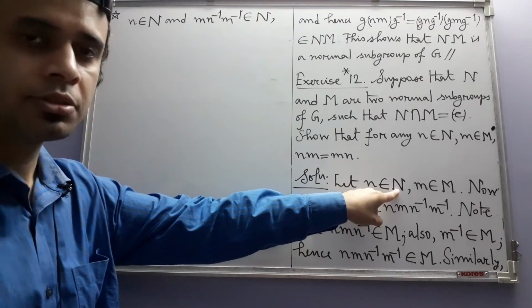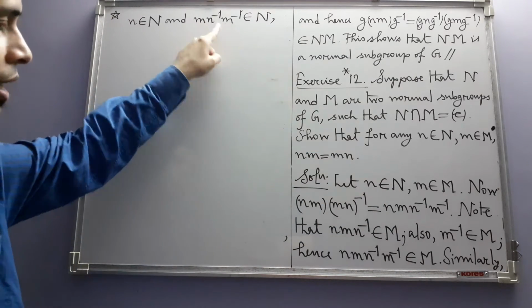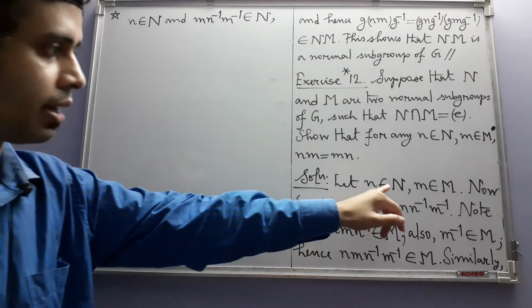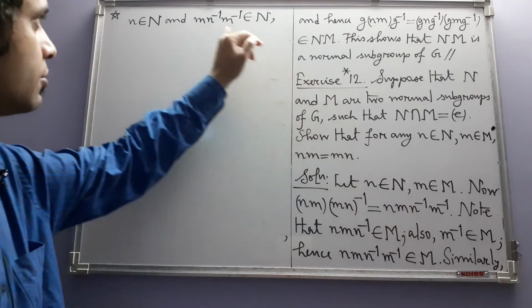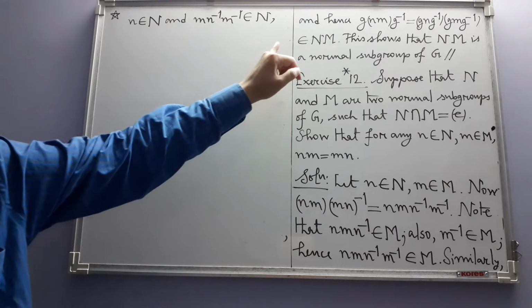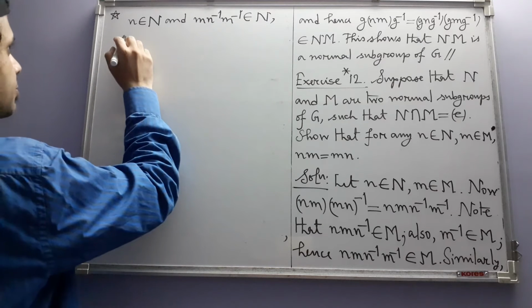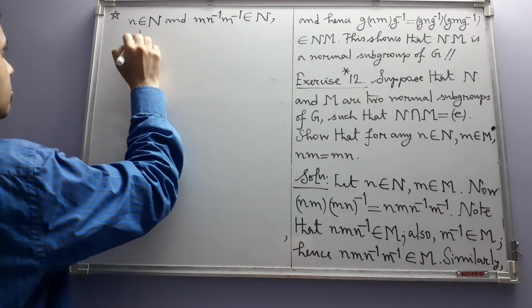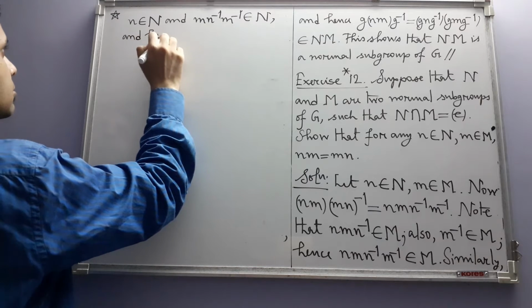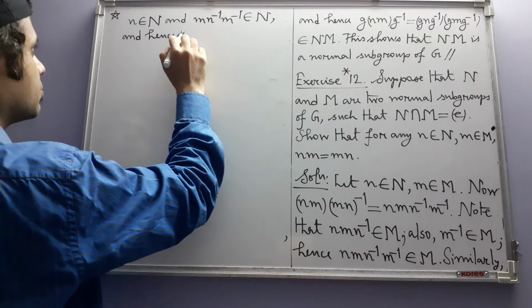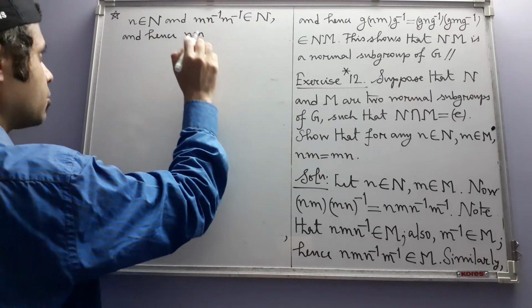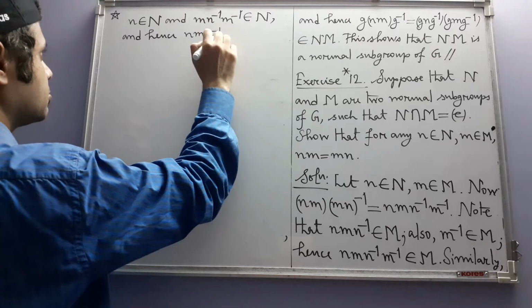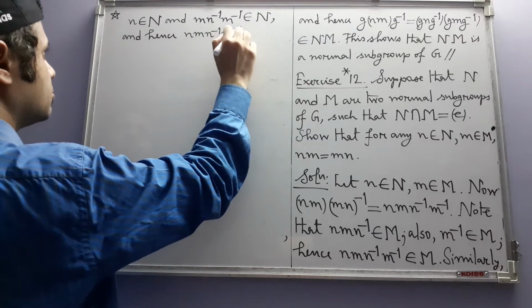Since n belongs to N, n inverse also belongs to N, and capital N is normal in G, so m n inverse m inverse belongs to N, and hence their product also belongs to N.